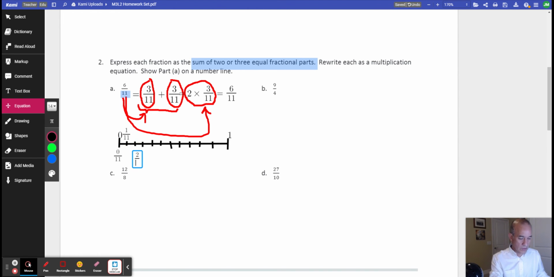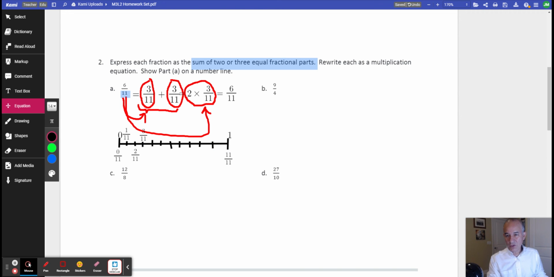This is going to be 2/11, and that's going to be 3/11. You're going to count all the way until you get to 11/11, because 11/11 equals 1. So that must be right under the 1. 11 divided by 11 equals 1, which is the number right above it.